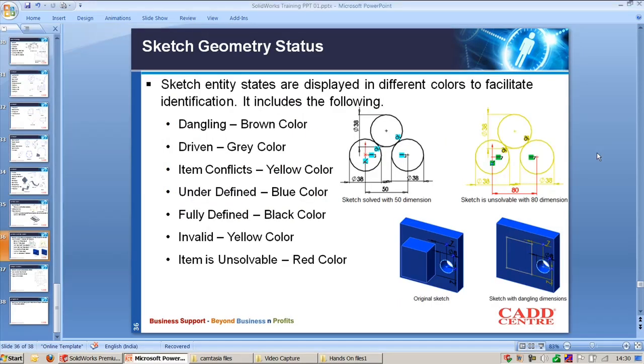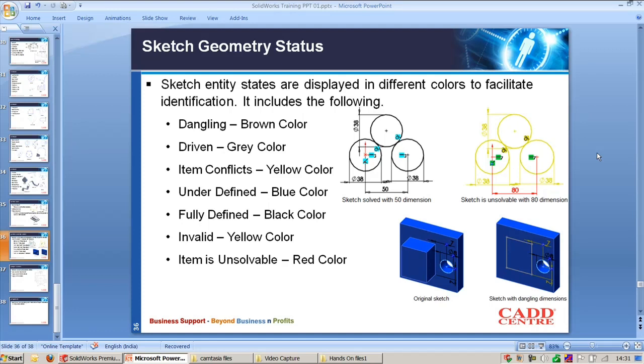Let us see the different colors in sketch environment, which indicates the status of the sketch. Dangling dimensions will be shown in brown color, and the driven dimensions will be shown in gray color.